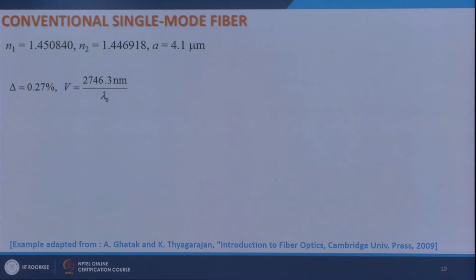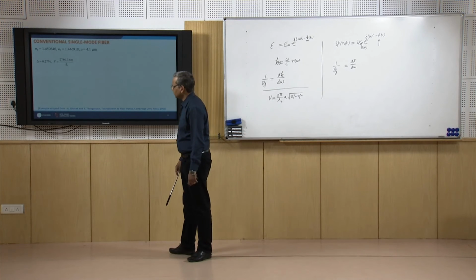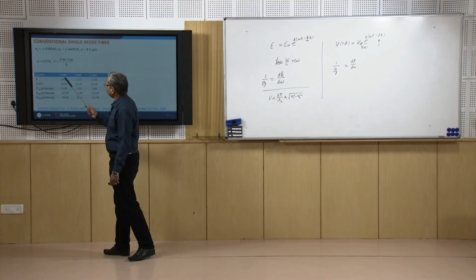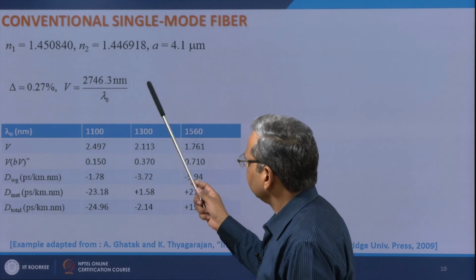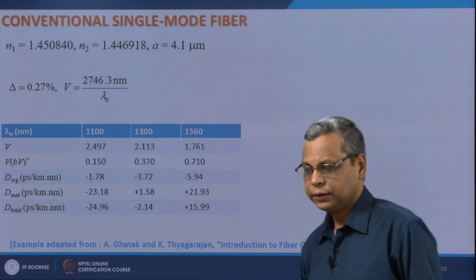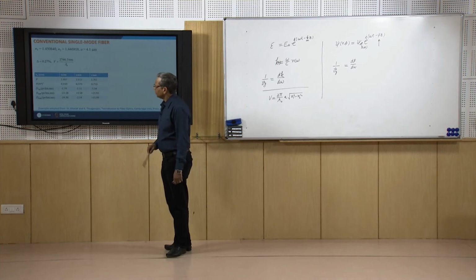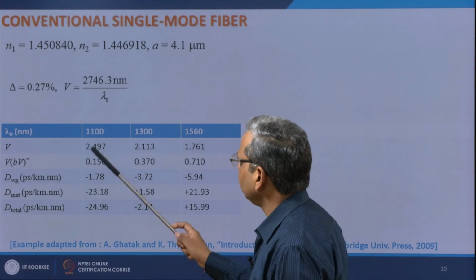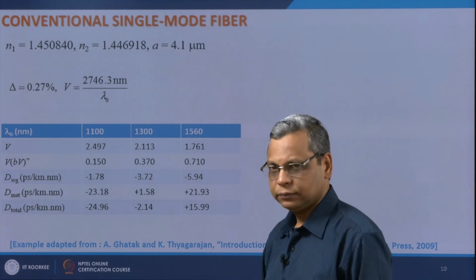Now, let me analyze this and calculate all the dispersions and analyze this fiber. Okay. So, I analyze this fiber at 3 different wavelengths by calculating various parameters. So, when I put lambda naught is equal to 1100 nanometer, then V is 2.497.